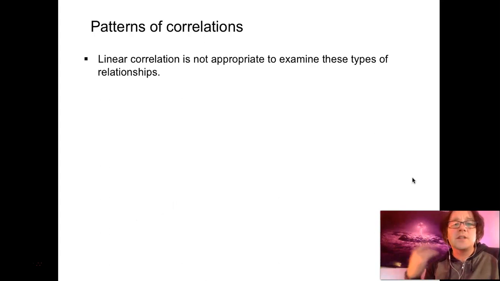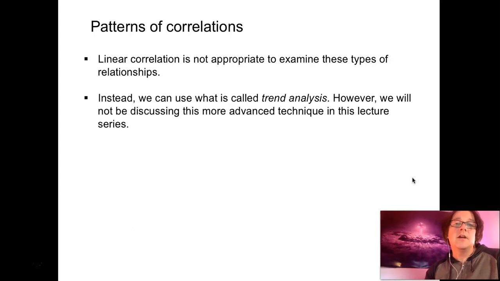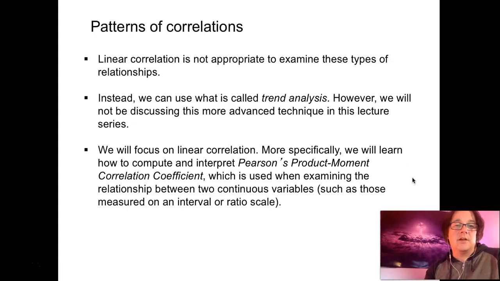So linear correlation and linear regression are not appropriate to examine those types of quadratic or cubic relationships. Instead, we use a set of procedures called trend analysis, but we're not going to be discussing that in this class. That's something that I learned in grad school, so we're not going to be doing that here. Instead, we'll focus on linear correlation and linear regression.